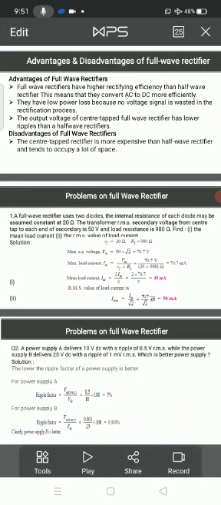The half wave rectifier converts only one half cycle, and the remaining half cycles are blocked, either the positive or the negative half cycle. So only 50% of the input signal will be converted to DC voltage.